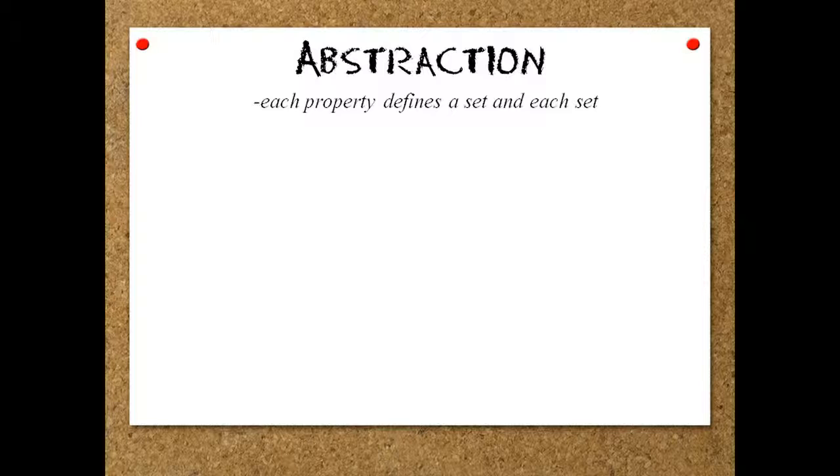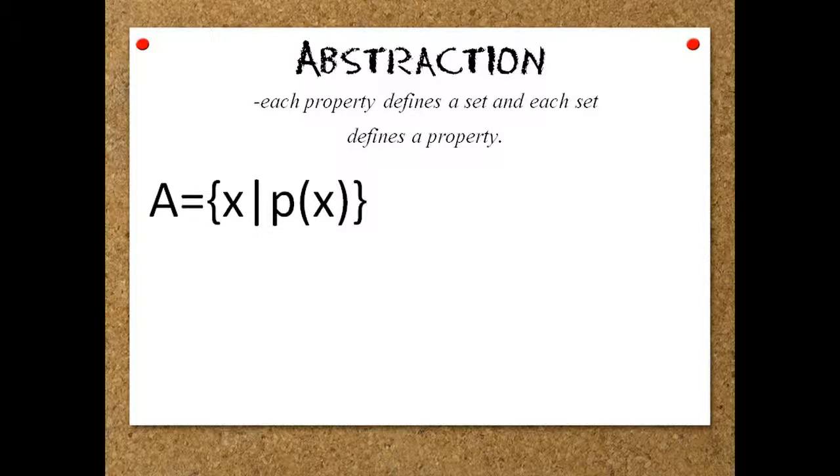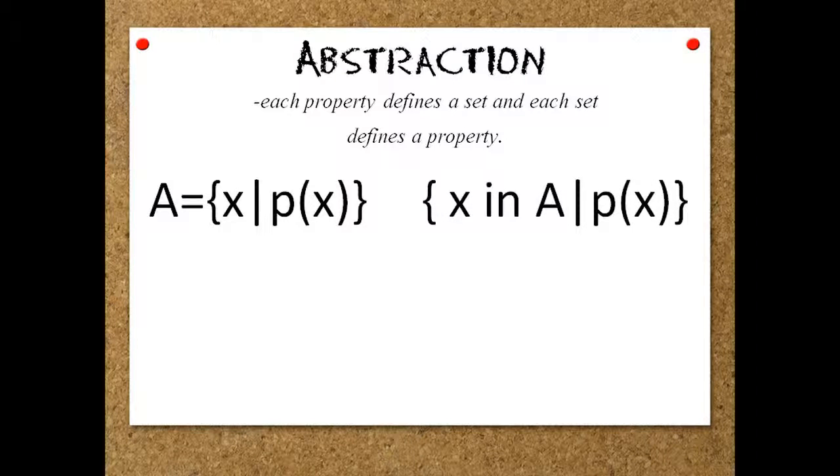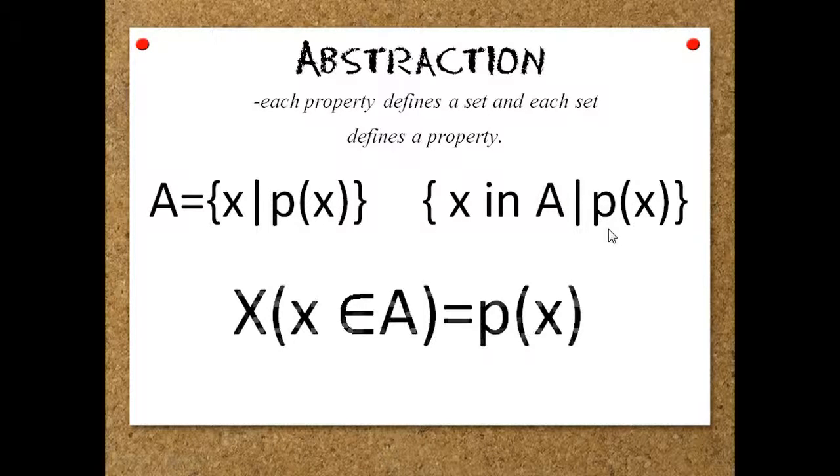I have here an example. A set A has elements X such that P of X. Or we could also say that X in set A has a predicate P of X. We could also define this as X is an element of A if and only if P of X.